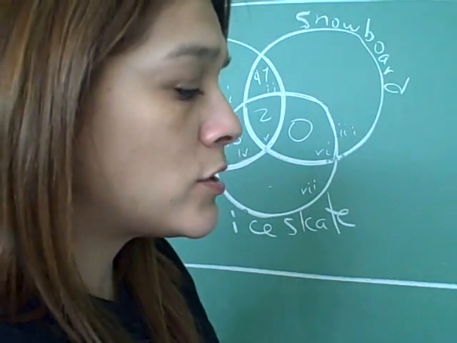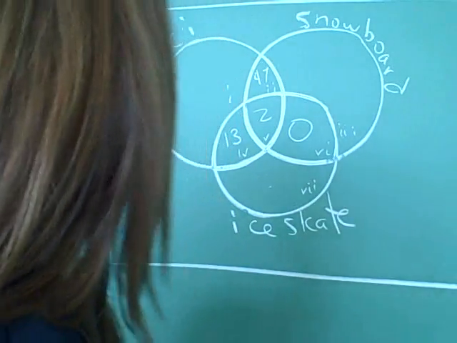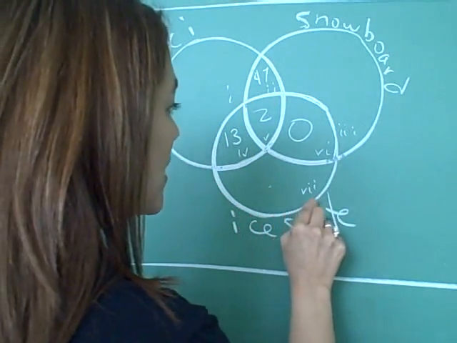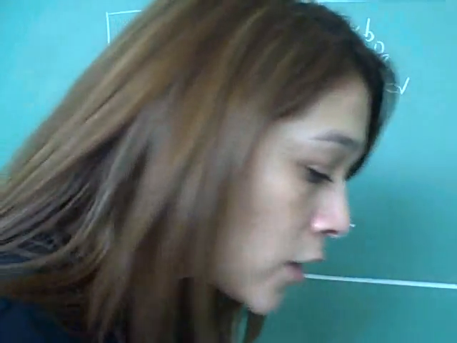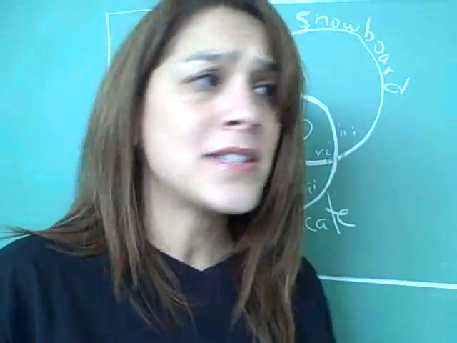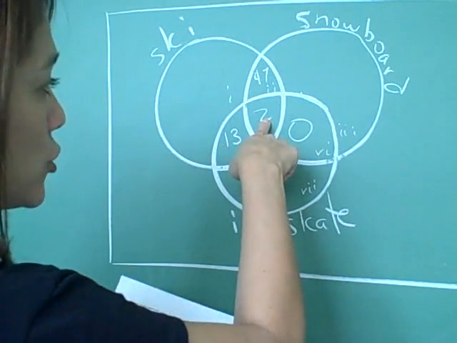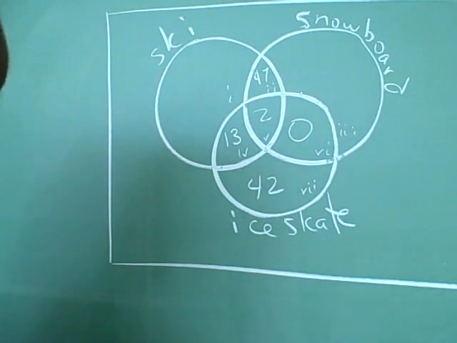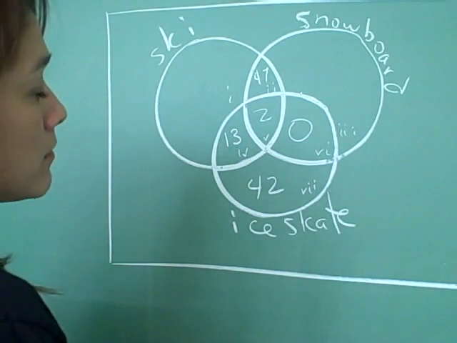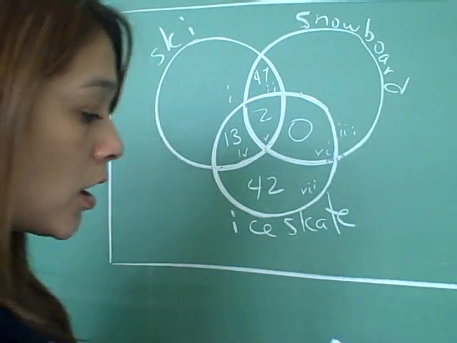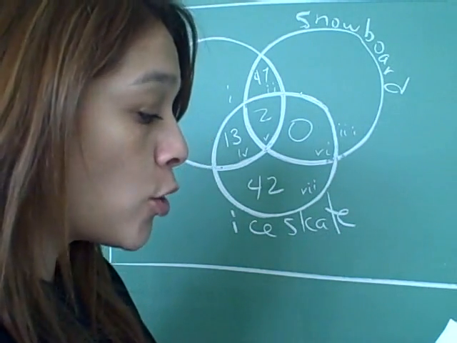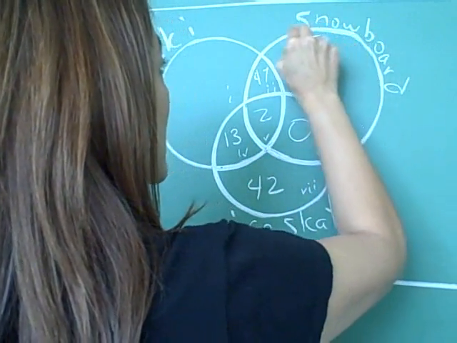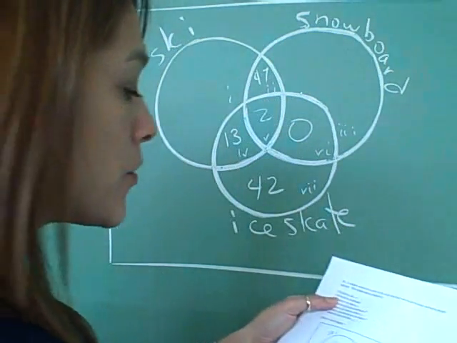The next piece of information says 57 liked to ice skate. Well, that means within the entire ice skating circle, there should be a total of 57. I already have 13 and 2 that I've accounted for, so therefore, there's only 42 left that would total up to 57. Moving on, 154 like to snowboard. Well, this is our snowboarding circle right here, and within that entire circle, there should be a total of 154.